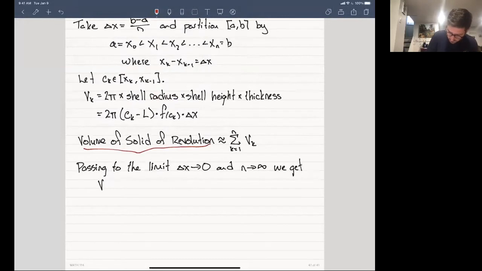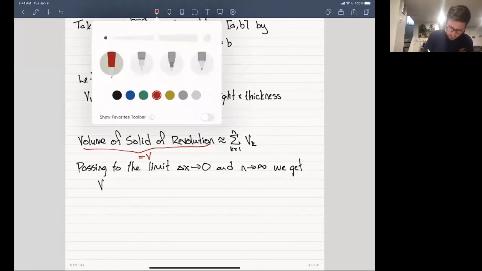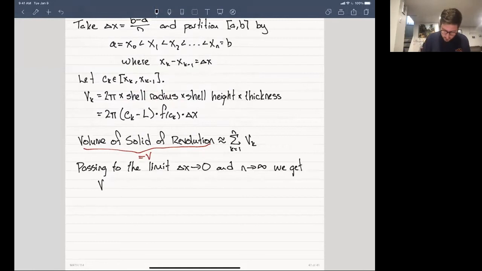So V equals this limit. If we write it so we can actually see the Riemann sum popping out of it, it's nice just to have that little visual cue.